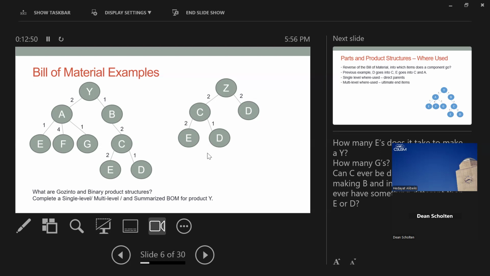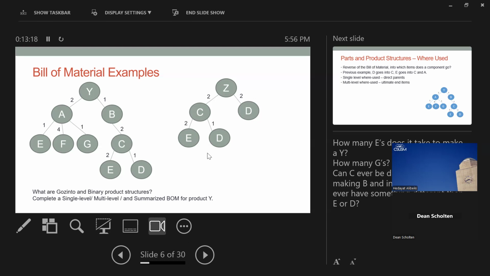Then we increase the level number as we go down and get closer to the bottom. So for Y and Z, the level number is going to be zero. For A and B, the level is going to be one.